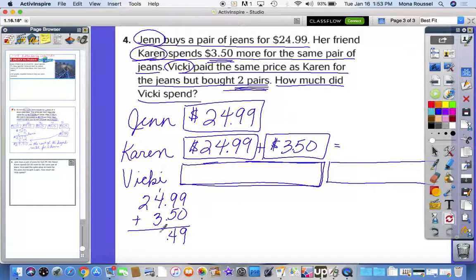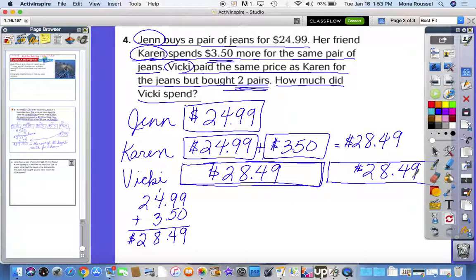Remember, when we add and subtract decimals, in this case we're adding, we have to line up decimal points. So we get $28.49. So that's what this box represents, $28.49. But keeping in mind that Vicky bought two pairs at the same price, we need to double the $28.49 price to get the cost of the jeans for Vicky.